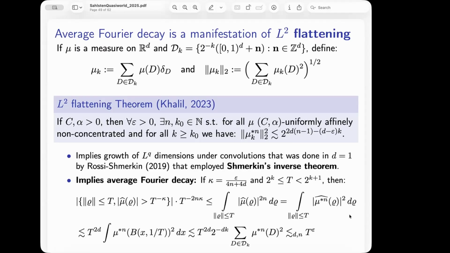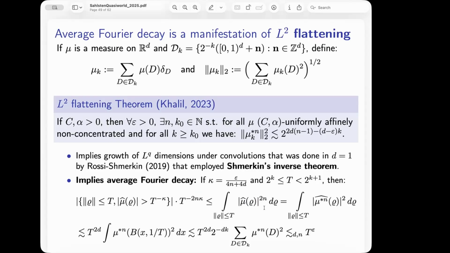And this implies the average Fourier decay by Plancherel's theorem, the convolution theorem, and a lemma from Mattila's book. It's a one-line proof. You take the set of bad points, take the Lebesgue measure of this set, and multiply by some very small constant. Then you bound it by the integral, because that thing is bigger than this number down here. Use the convolution theorem: the Fourier transform of a convolution becomes the product.